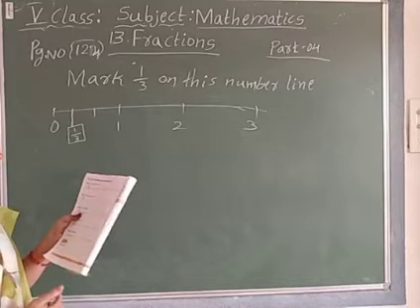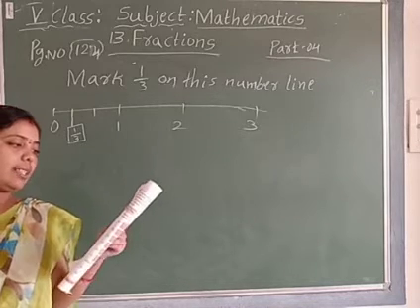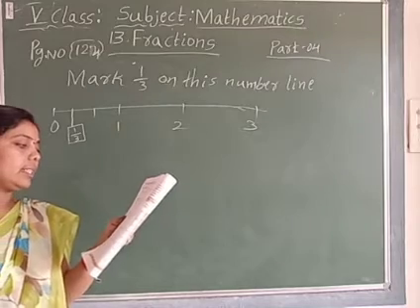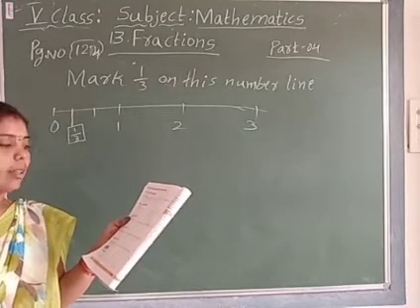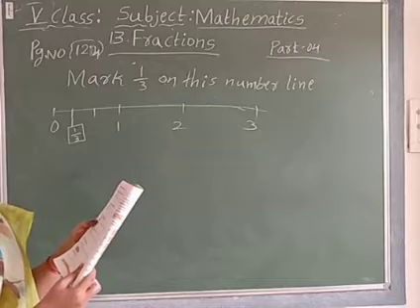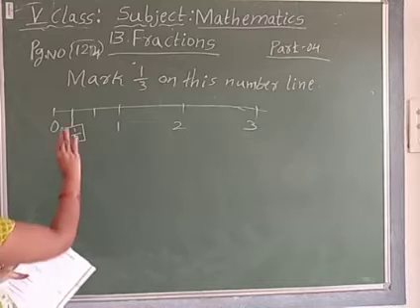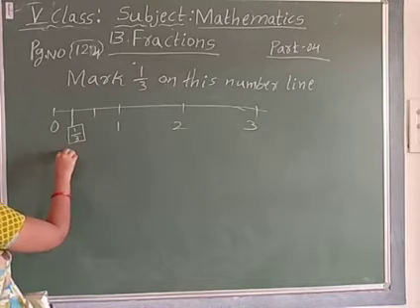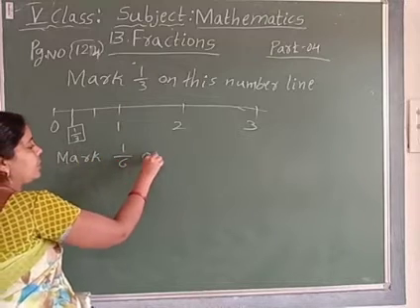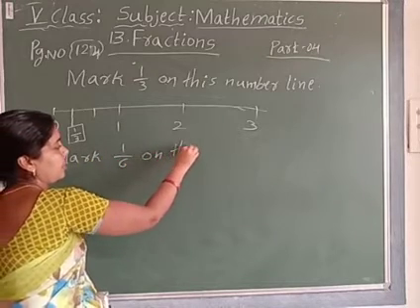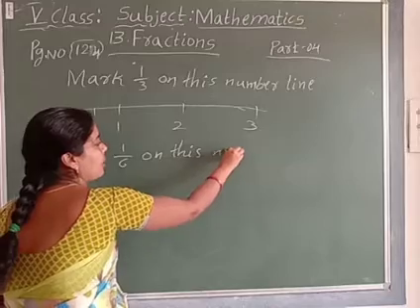Same like that only: mark 1 by 5 on this number line, 1 by 6, 1 by 8, 1 by 10. Observe here, suppose 1 by 3. So mark 1 by 6 on this number line. I will say one example of this, children.